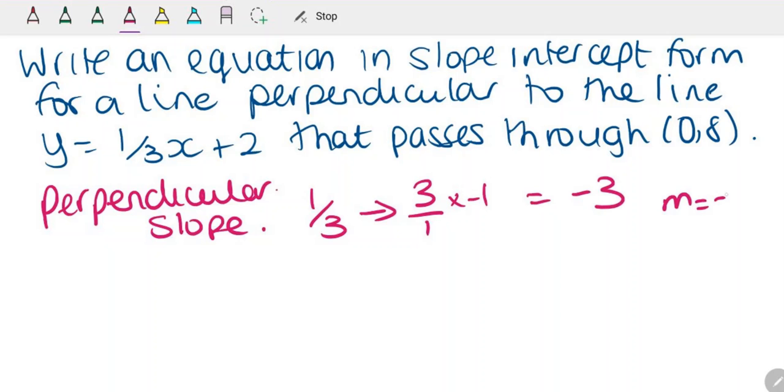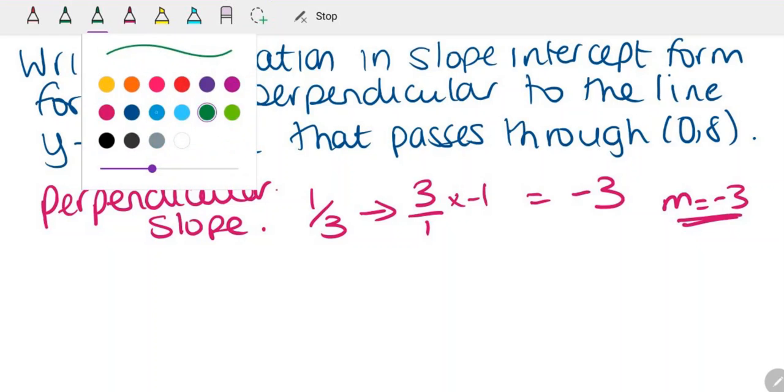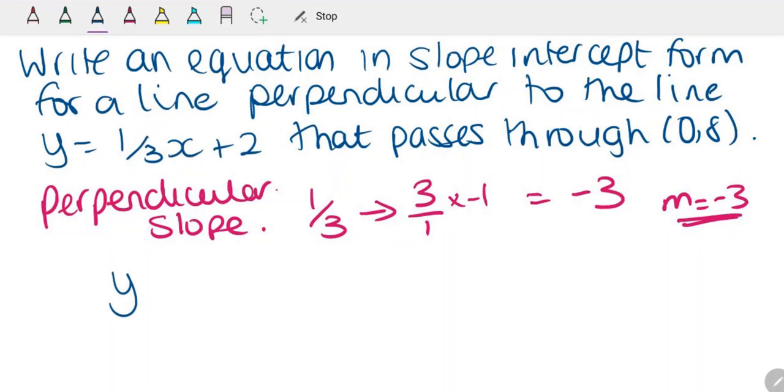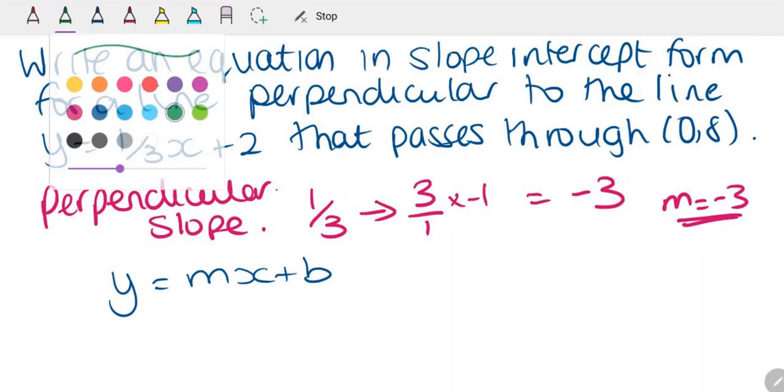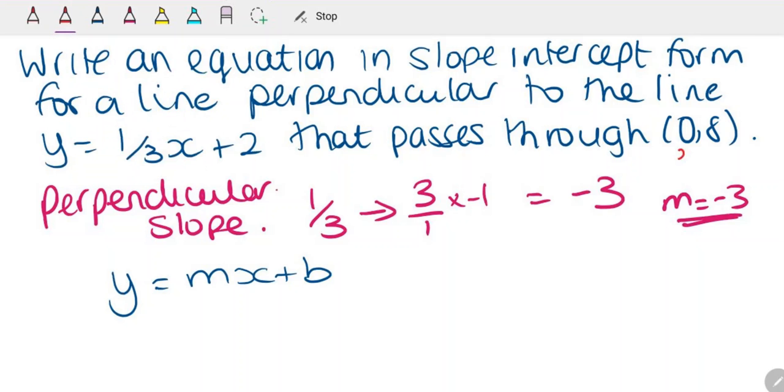So m is -3. So now we need to look at our equation y equals mx plus b. And we're going to substitute in the values. So this is x and this is y.